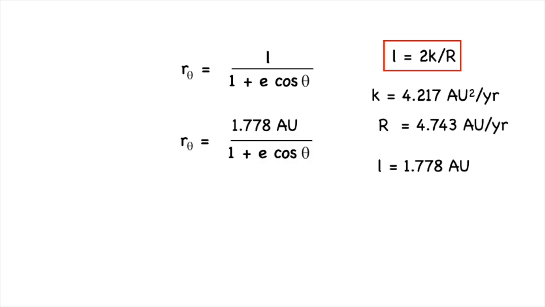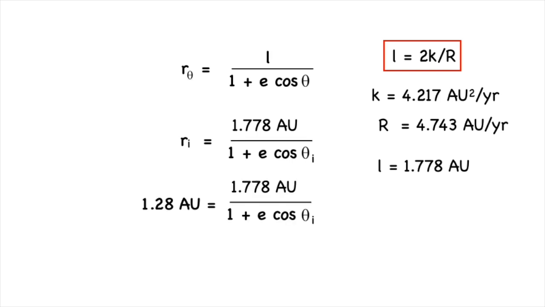And so now we can plug that into our equation for our elliptical orbit. Specifically, we have found an expression for r sub I in terms of the two unknowns we are trying to find, E and theta sub I. Specifically, we can write it as 1.28 astronomical units equals the expression on the right.